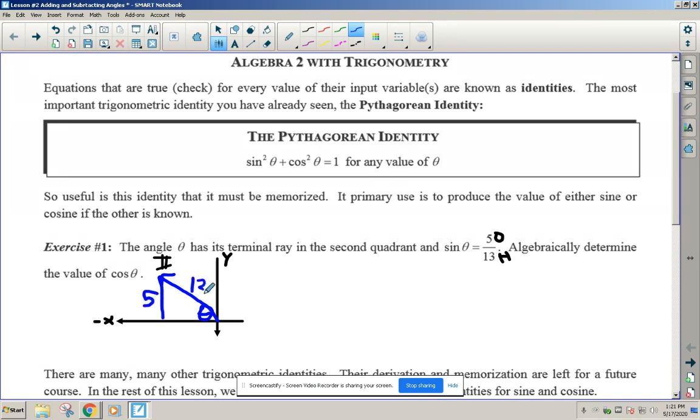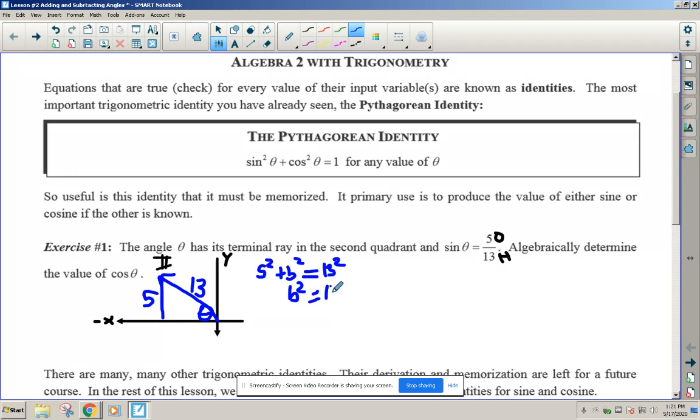So now, if I want to find the base of this triangle, I would be using the Pythagorean theorem, which is going to tell me 5 squared plus base squared is equal to the hypotenuse squared, which is 13 squared. Now, you can do this on your calculators. You eventually get to the base squared is equal to 144.